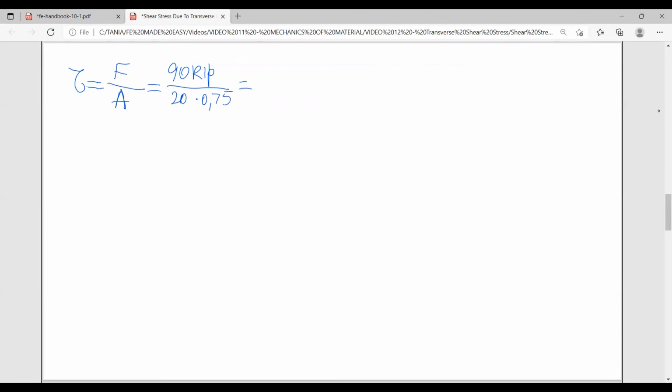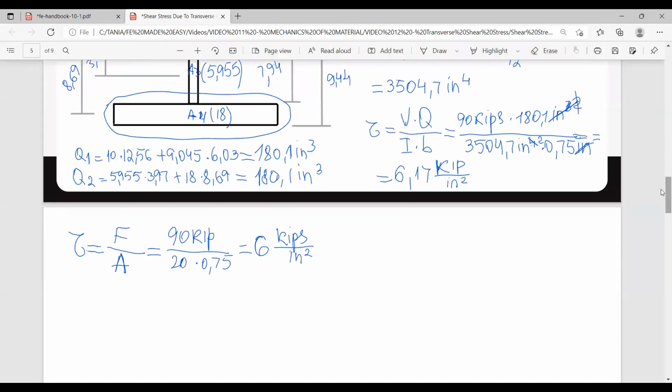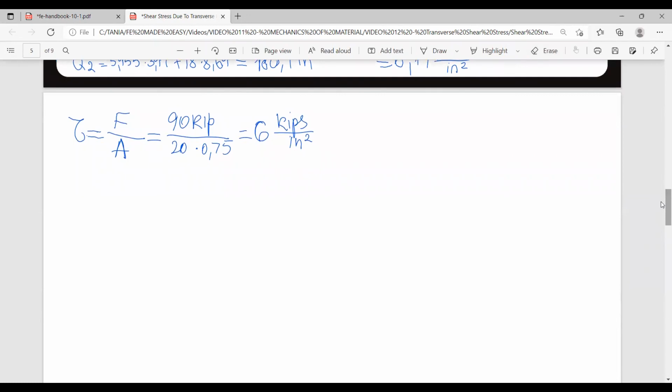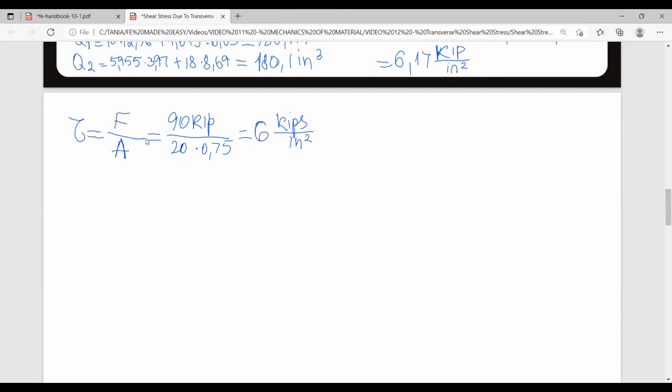This equals, let me see, 20 times 0.75 is 15, 90 divided by 15, we're getting 6. So you see how the answer is very close to what we have calculated. We got 6.17, and we got an approximate shear stress of 6 by simplifying the calculations a lot. So this approximate shear stress can be an alternative for you to calculate the shear stress during the exam.